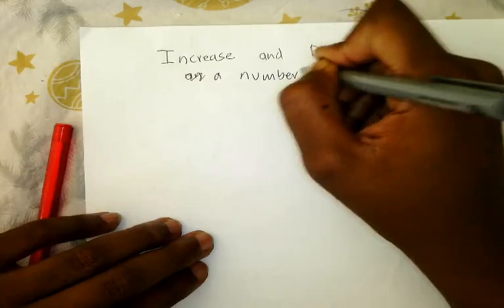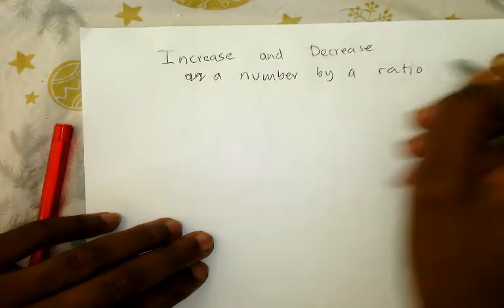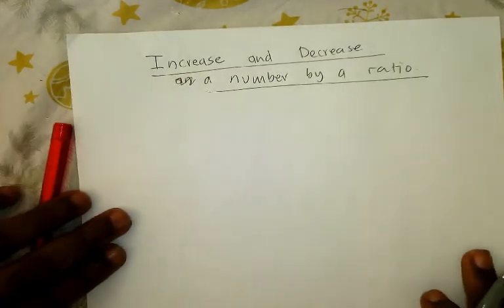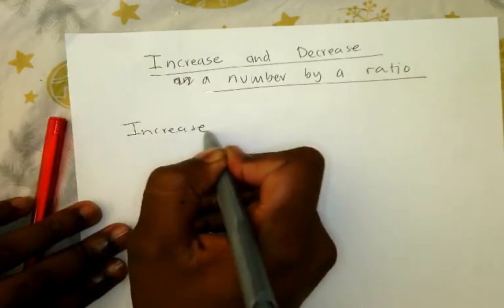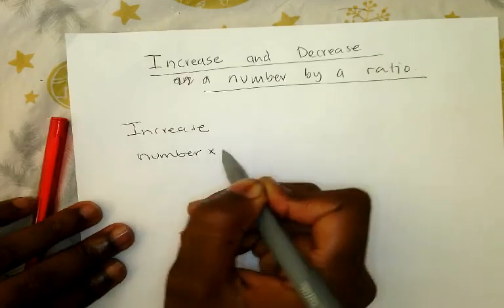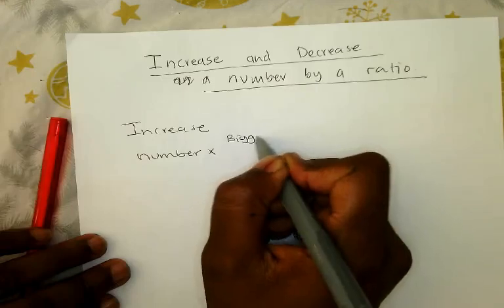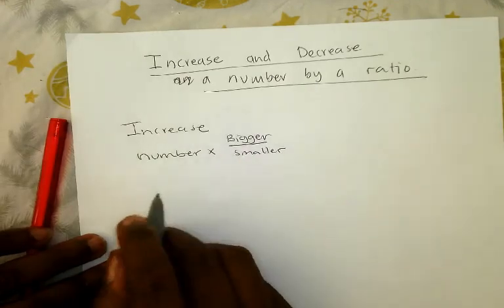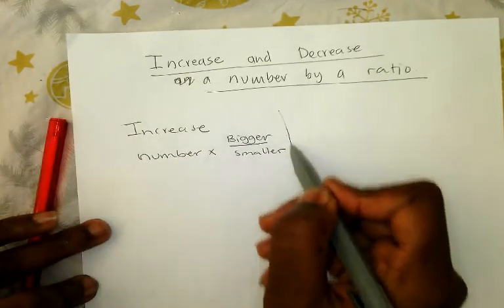So the formula is straightforward. If you are increasing a number by a ratio, you take that number and multiply it by the bigger number over the smaller number. We're given a ratio, and from that ratio you take the bigger number and make it the numerator, and take the smaller number and make it the denominator.